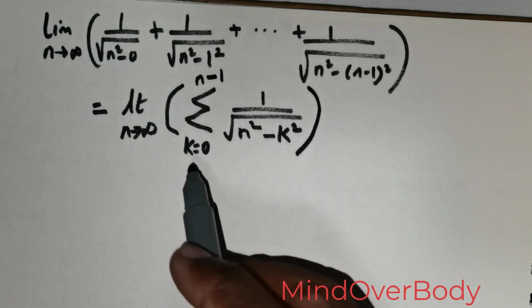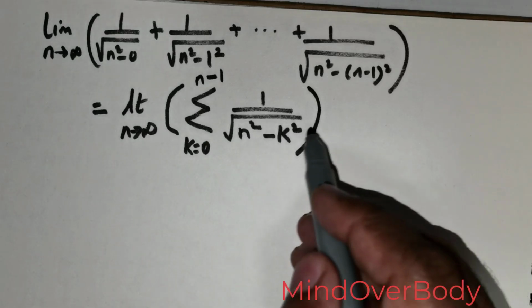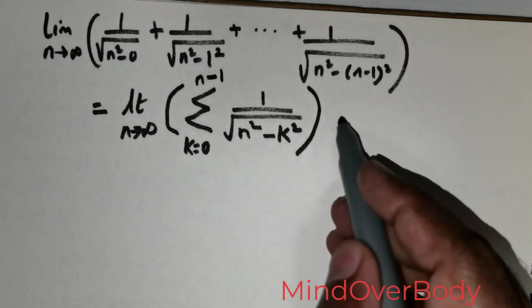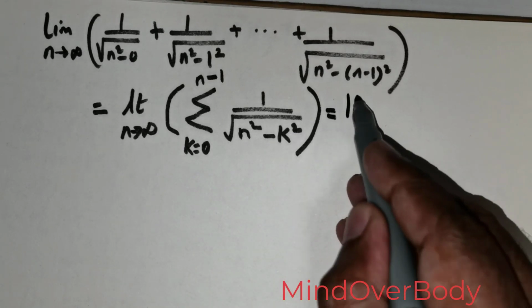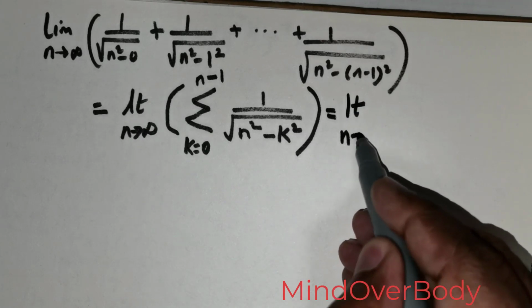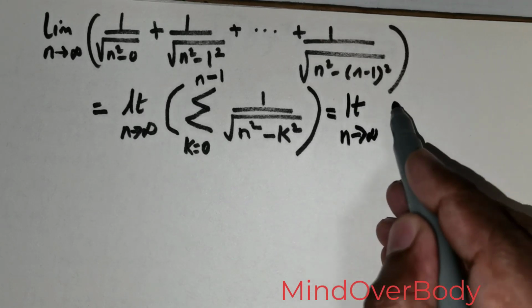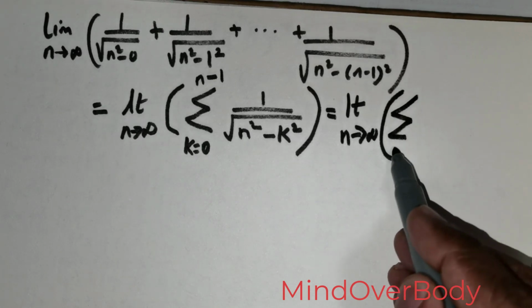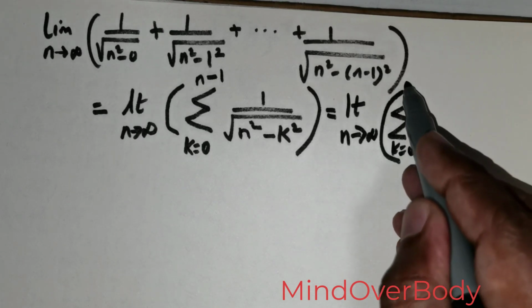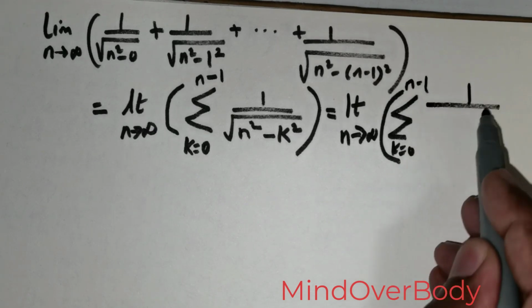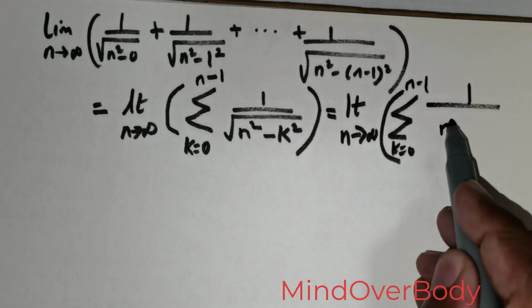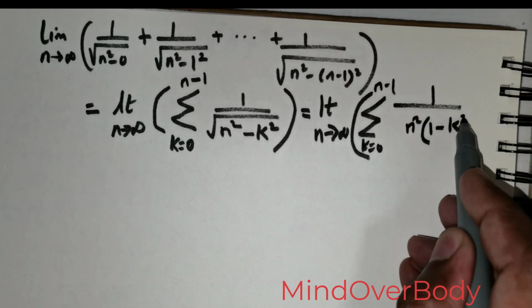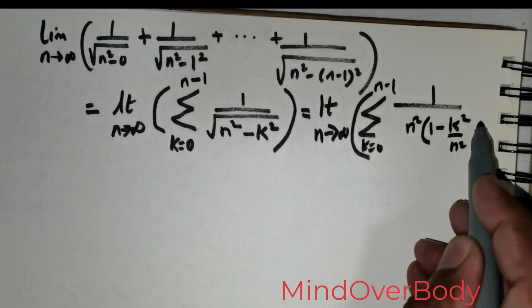Having obtained this summation, I would like to take n squared out. So we have the limit as n tends to infinity of sigma, k equal to 0 to n minus 1, of 1 over the square root of n squared times (1 minus k squared over n squared).